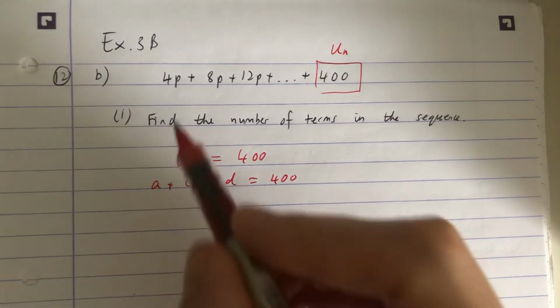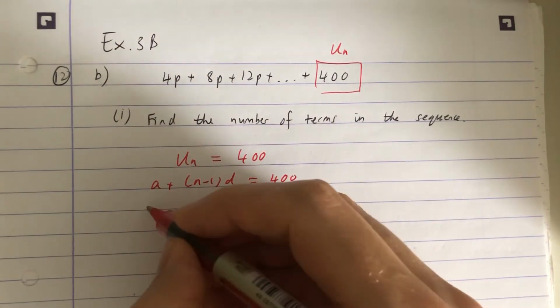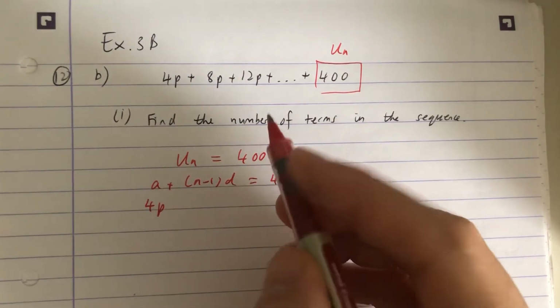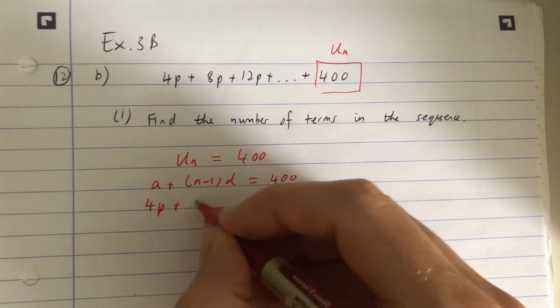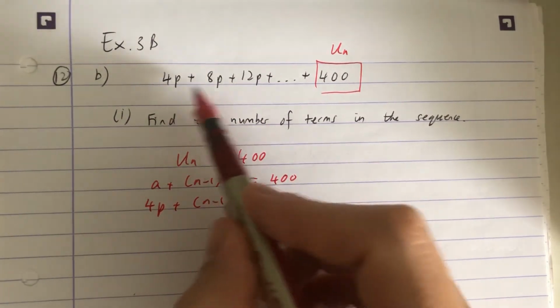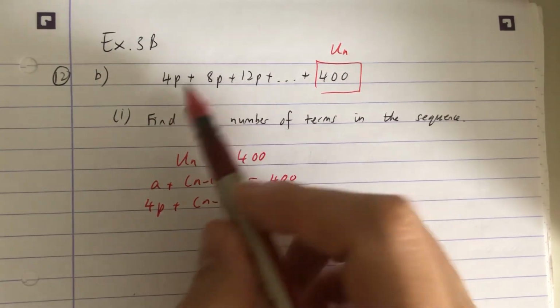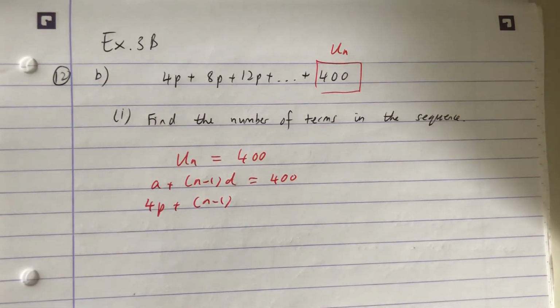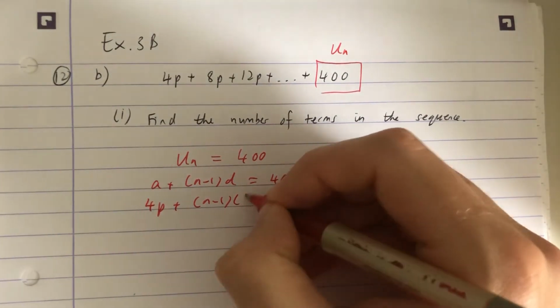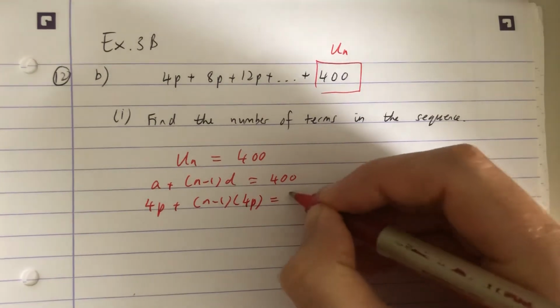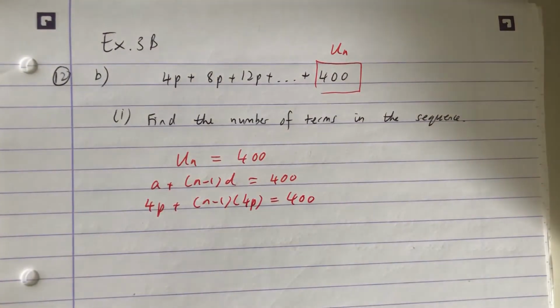And then you know from the series itself that a would be 4p. N is the thing you want to work out. D is the common difference. If you took the difference between consecutive terms, that would also be 4p. And that's equal to 400.